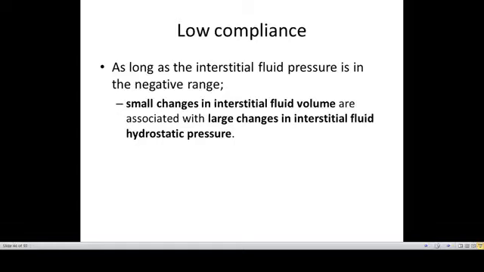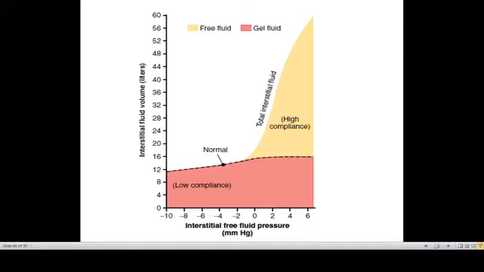To understand this, have a look at this diagram. The figure shows the relation between interstitial fluid hydrostatic pressure and interstitial fluid volume for loose tissues. You can see that large amounts of fluid occur only when the interstitial fluid pressure becomes positive.